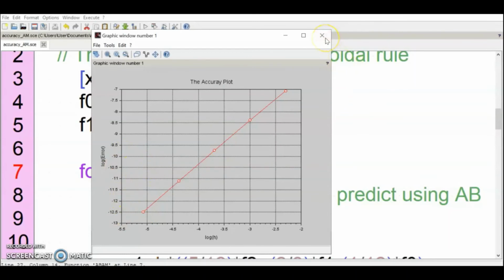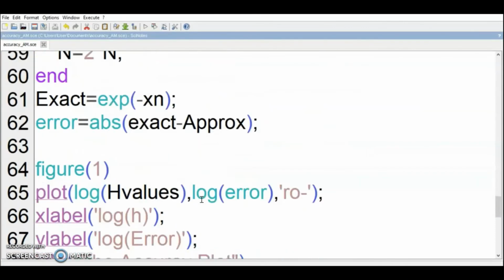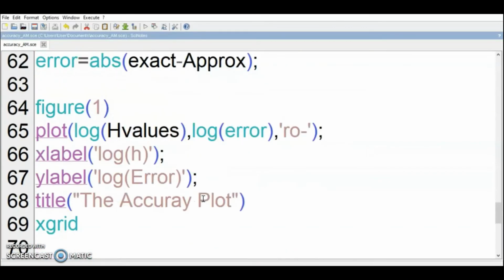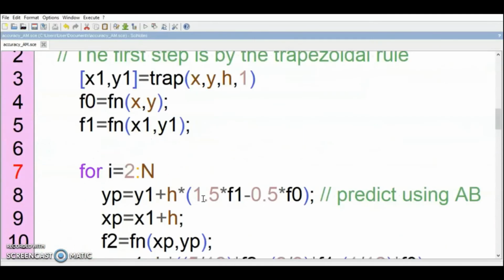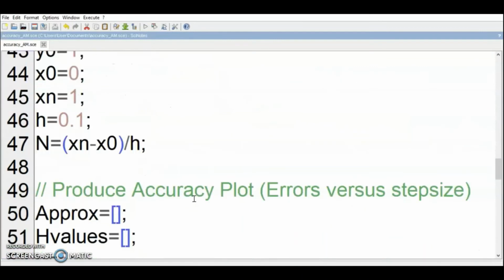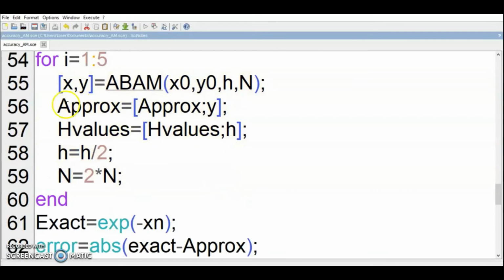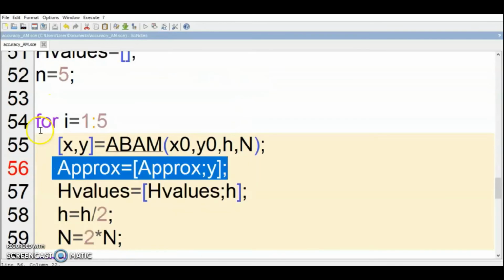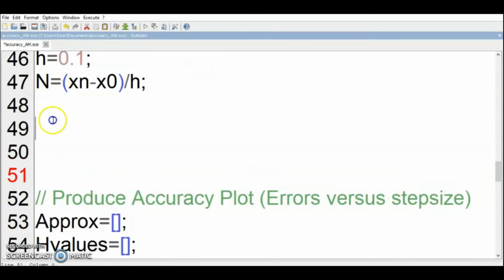So this is the accuracy plot you can get by using Adams-Bashforth, Adams-Moulton. Now if you want to find the last value of this, I can actually save all this. You just have to display all this approximate y and x if you want to produce the 5 values, or you can also do the graph.